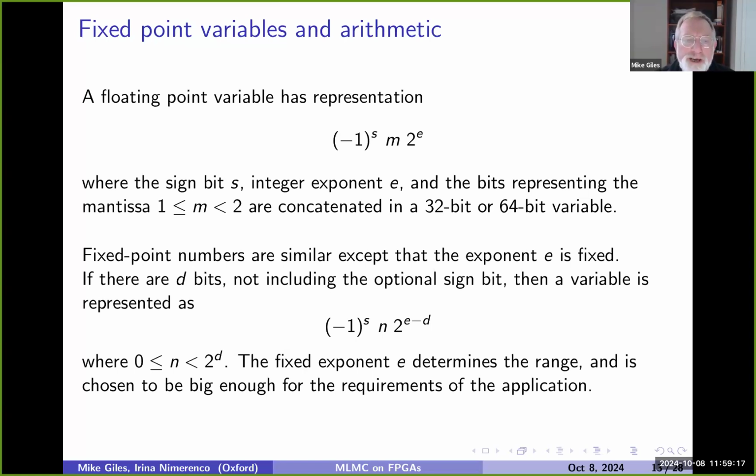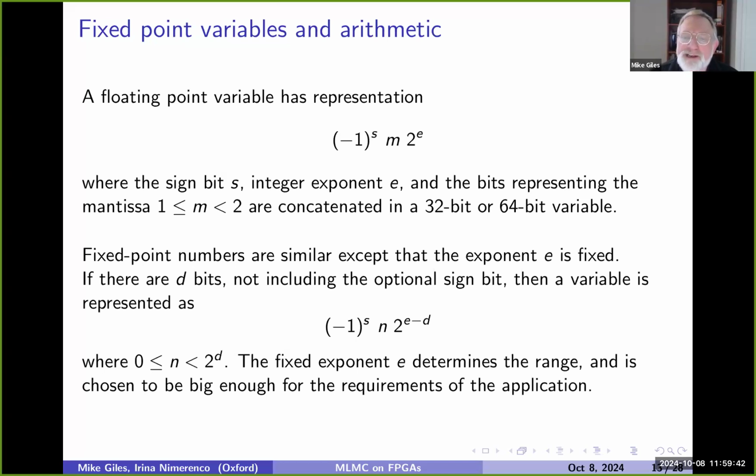The biggest number you can represent then is just below 2 to the e. So you choose the exponent e based on what range you need for your variable. If you run your program, you know what's the largest value that that variable ever takes, and that's how you choose how big e is.